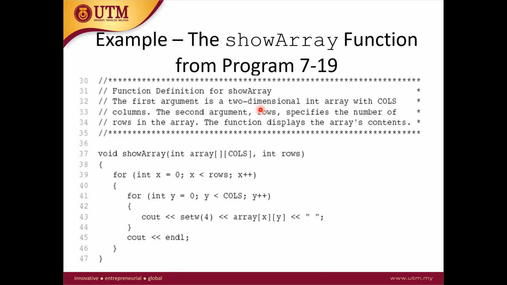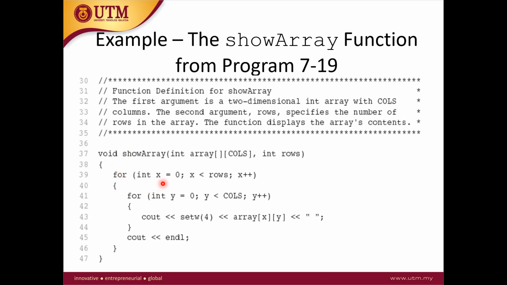Rows. Look, in this example we have a function and we are showing an array. So we say in the function header int, the name of the array is array, specifying that it is a two-dimensional array, and we need to specify the column size, and then in the size we are going to specify the rows. This is very important. We need to identify this shape whenever you are writing a two-dimensional array program.